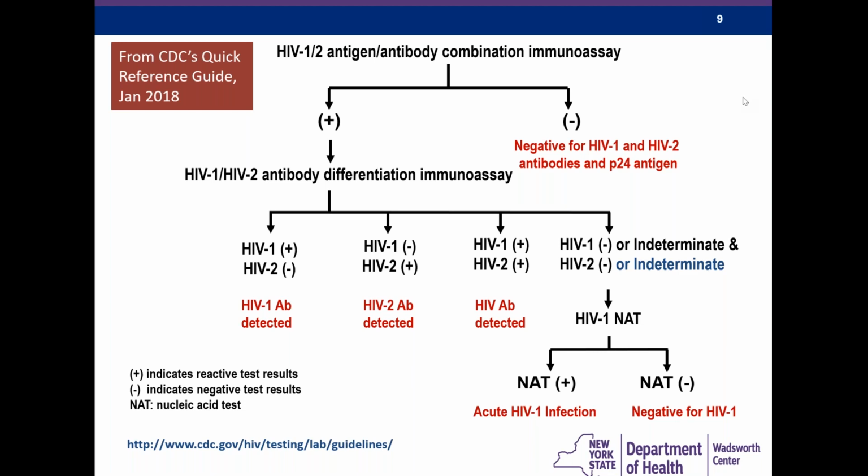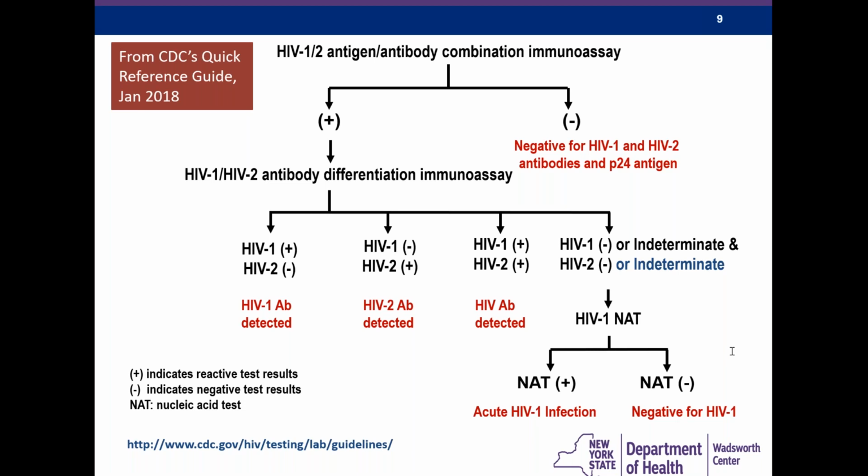And if that is reactive, the specimen is then tested with a supplemental HIV-1/2 antibody differentiation test. And then if step 2 is positive for HIV antibodies of any type, then the testing algorithm is complete and the person should be referred to care. But if step 2 is either non-reactive or indeterminate, then you need to go on to an HIV-1 NAT. That's the next recommended step.